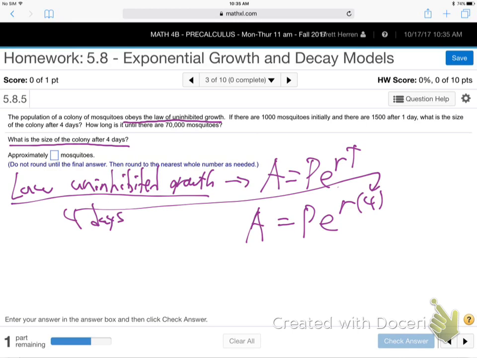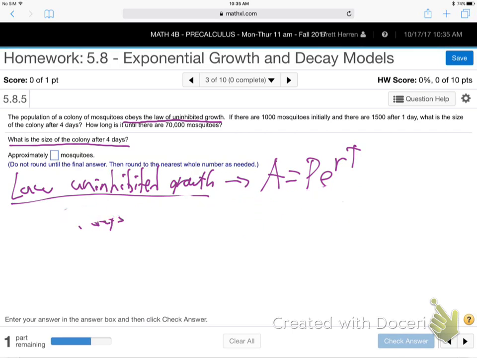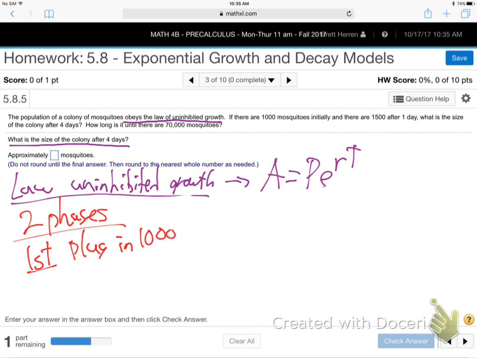No, I can't do that right now. Yeah, this is harder. I will do the 4, but not yet. We're not ready yet. Let me show you how to do this. These are going to be tougher. These are two phase. I'll do this in two phases. First, plug in the 1,000 for P. Well, P equals 1,000.